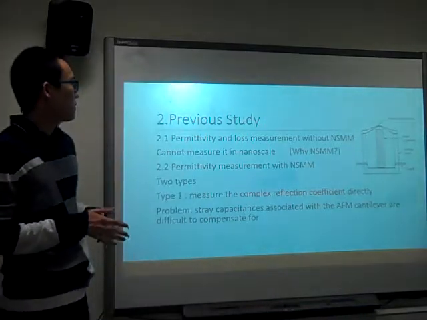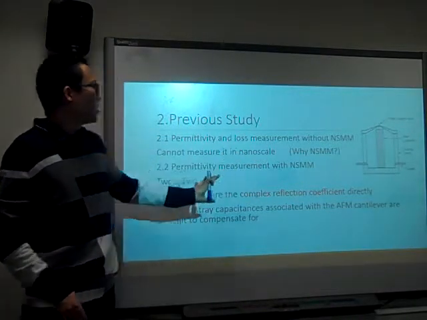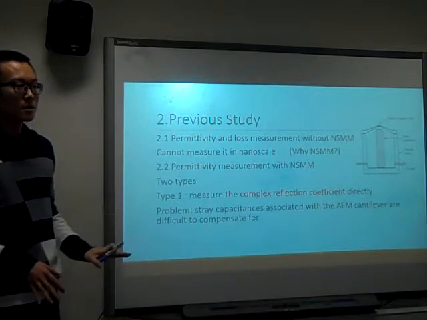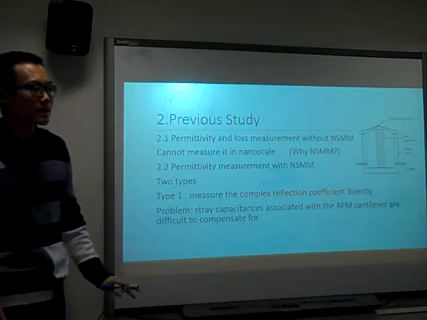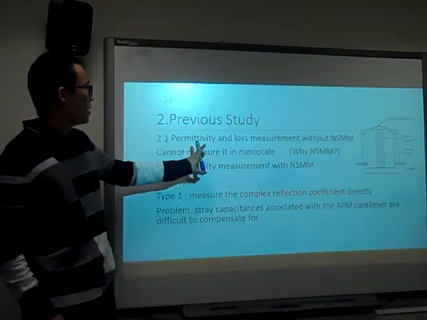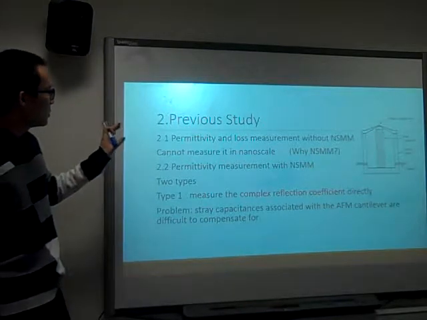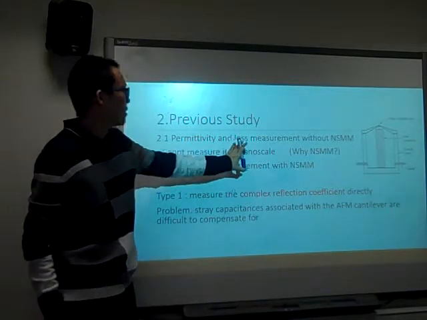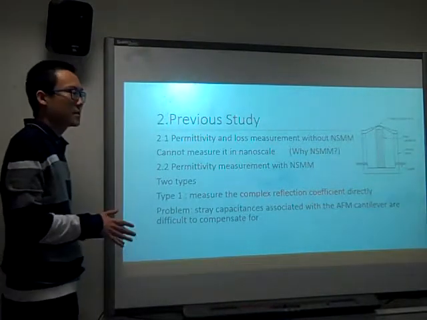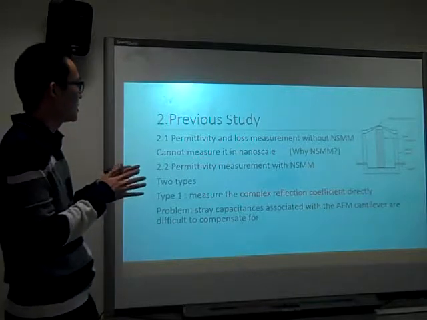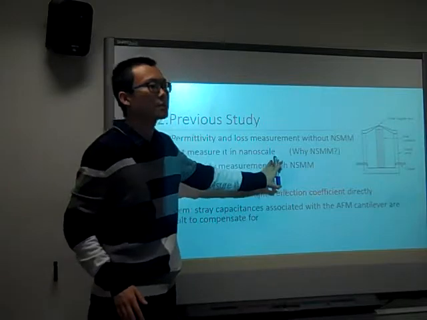Then I will give a brief introduction of the previous studies in this article. Well, the authors tell us that the previous studies can be divided into three kinds. The first is that some researchers measure the permittivity and the loss without an NSMM. The authors told us the main problem of this research is that it cannot measure in nanoscale.